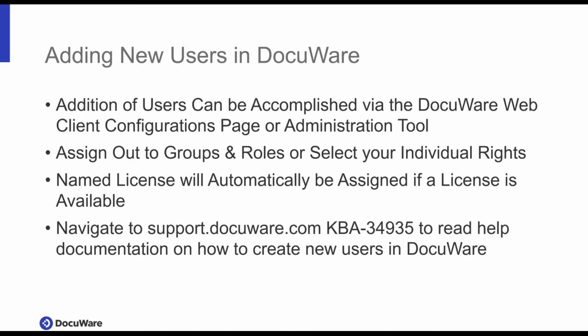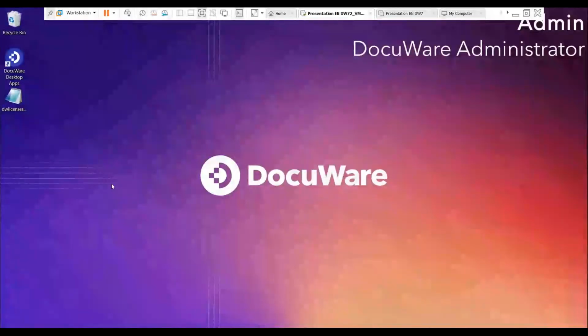You can navigate to support.docuware.com and search for KBA-34935 for help documentation on how to create users in DocuWare. Moving on to the demonstration. First, want to log into the DocuWare web client with the organizational administrator account if possible.